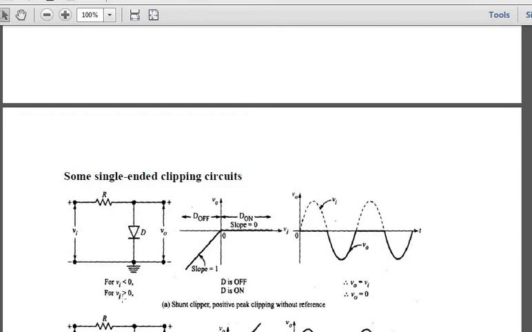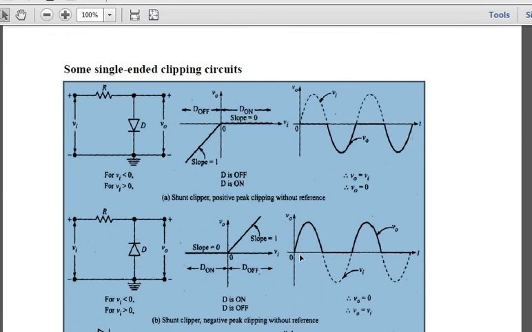When input voltage is greater than 0, the diode is in on condition, it is an open circuit, so no current flows and output voltage is 0. This is the condition for single ended clipping, a shunt series positive peak clipper without any reference level.